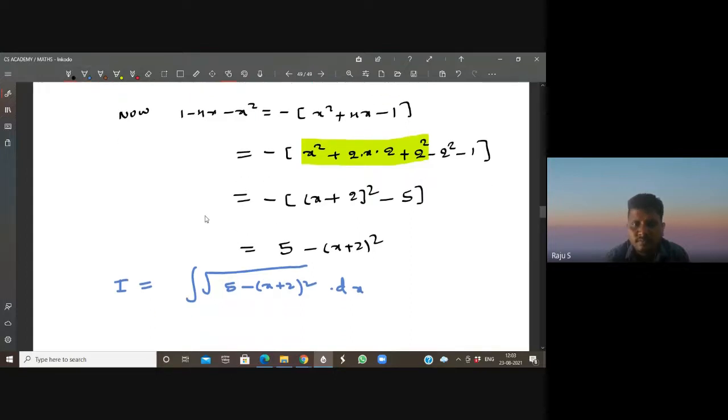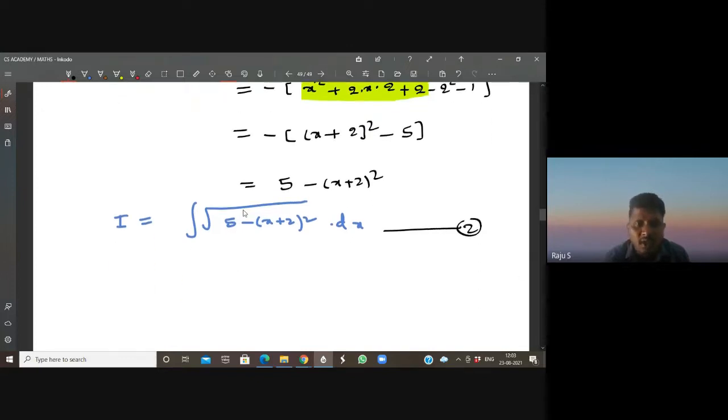Instead of that, I want to take x plus 2 is equal to t, then dx is equal to dt. When I take x plus 2 is equal to t, the derivative of x is dx, the derivative of 2 is 0, and the derivative of t is dt.